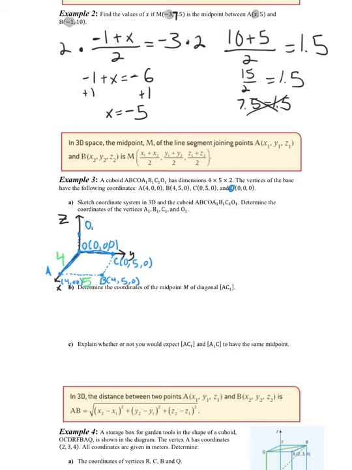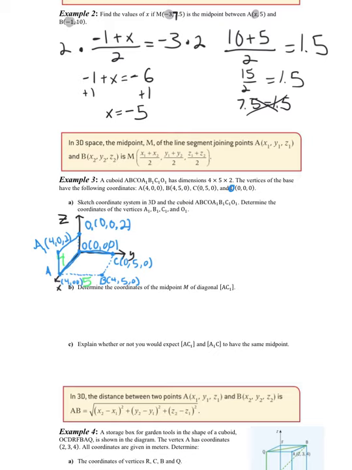So, for example, O1, which would be the point directly above this, would be 0, 0, 2. And all of the corresponding points would be straight up. So A1, for example, would be 4, 0, 2. We would just move everything up 2 units.